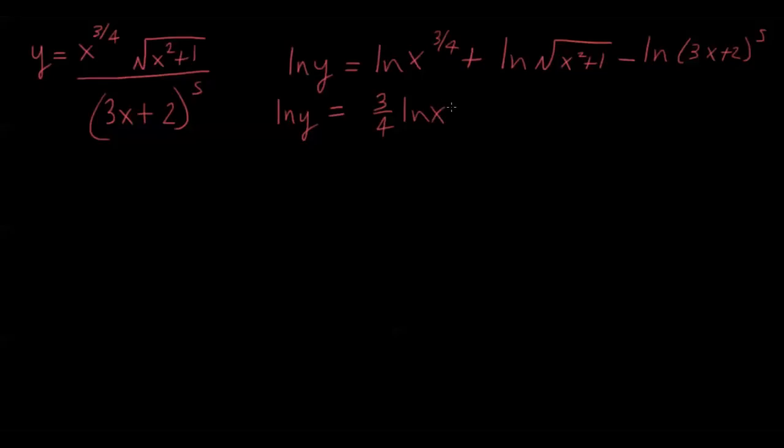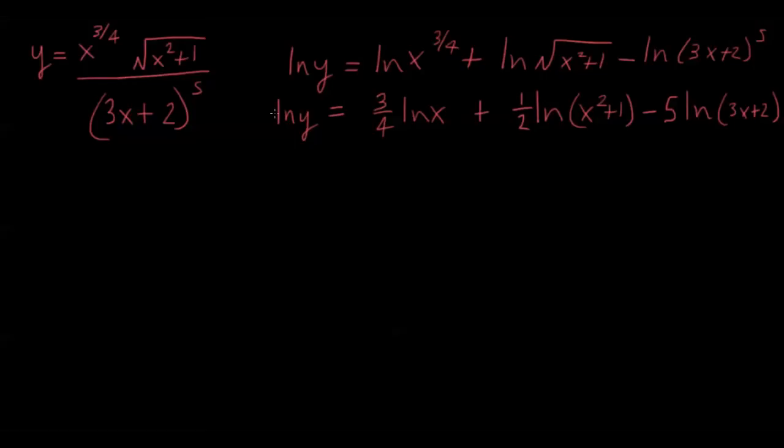That's because the natural log of x to the n is equal to n times the natural log of x, plus, well, the square root of x squared plus 1 is really x squared plus 1 to the 1/2, so we can take the 1/2 out front, times the natural log of x squared plus 1, minus, there's a 5th power, so we can bring the 5 out front, times the natural log of 3x plus 2. And I think that's all the simpler we can get it, so we might as well take the derivative now.